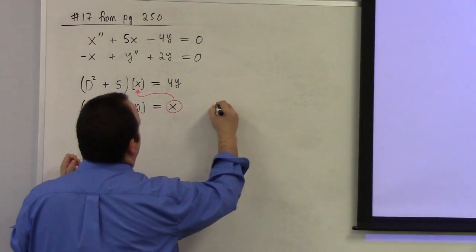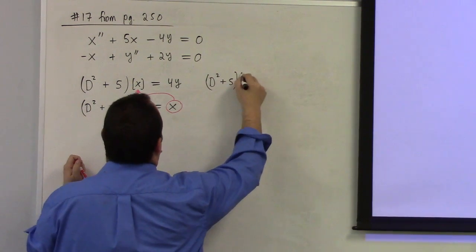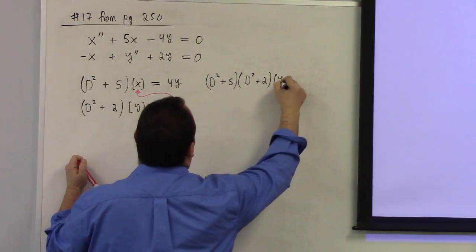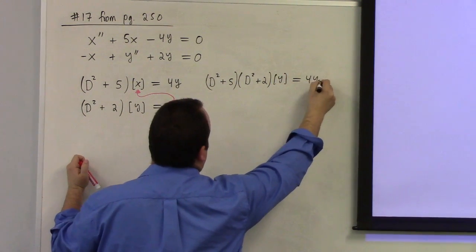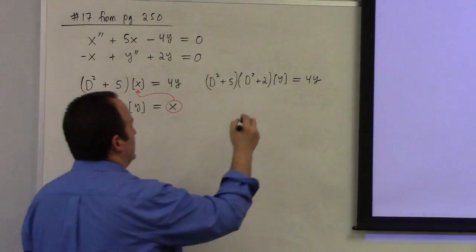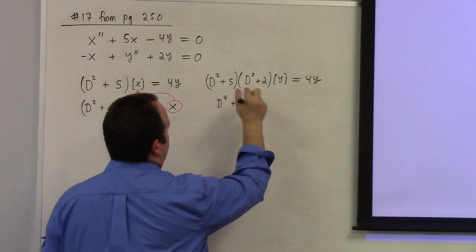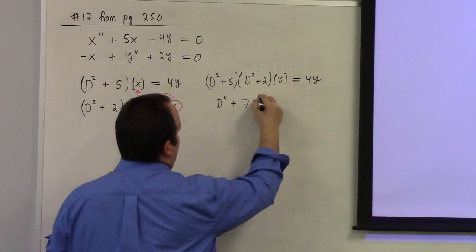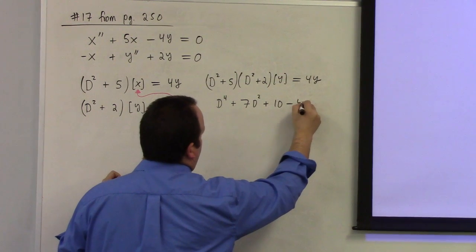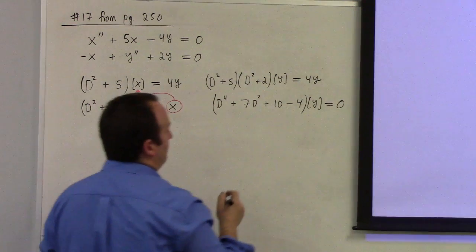We get (D squared plus 5)(D squared plus 2) acting on y equals 4y. It ain't pretty, but now we can do algebra. So this is D to the 4th plus (5 plus 2) 7 D squared, plus 10, minus 4, acting on y, equal to 0.